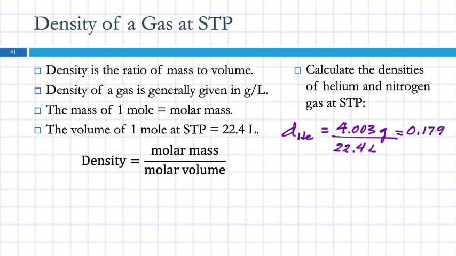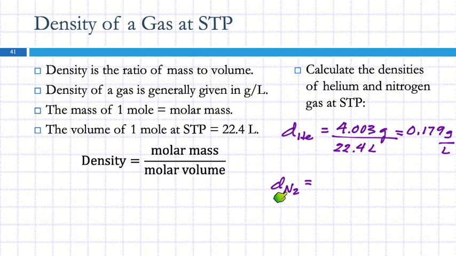The 3 sig figs ends up 0.179. The density of nitrogen, so here helium and nitrogen, we're talking about them as elements. Is helium a diatomic element? No. Is nitrogen a diatomic element? Yes, it is.